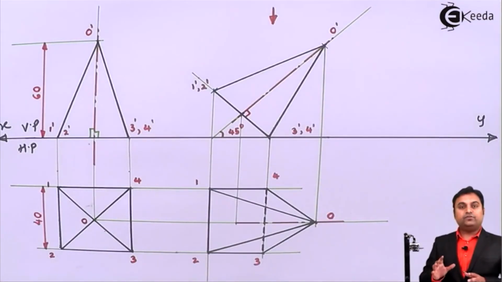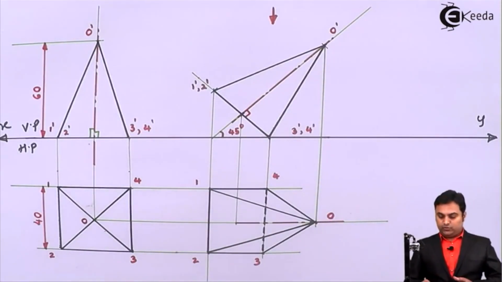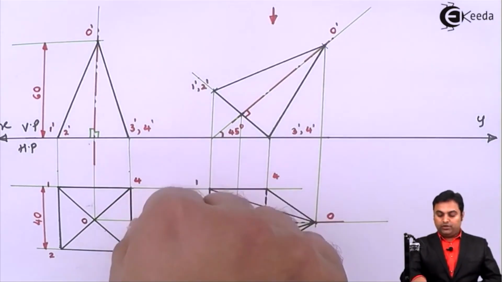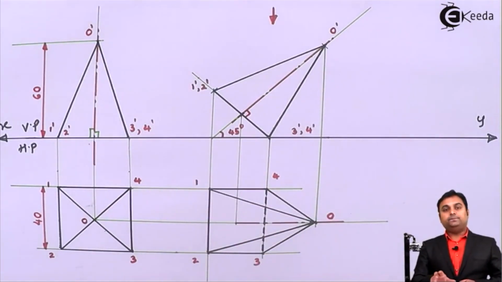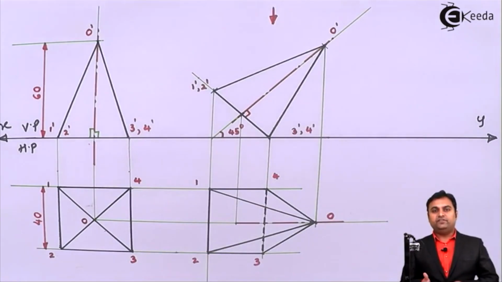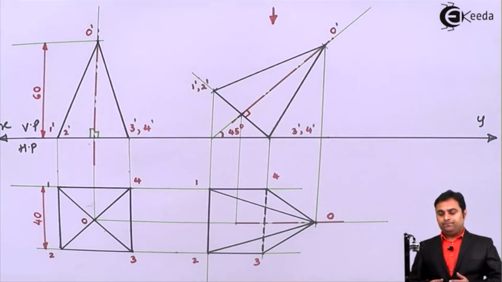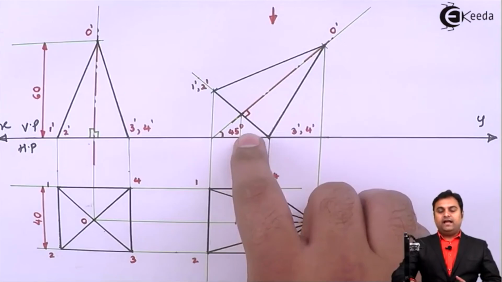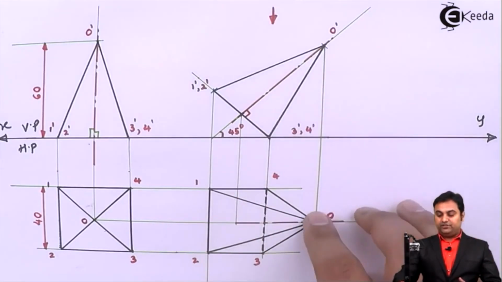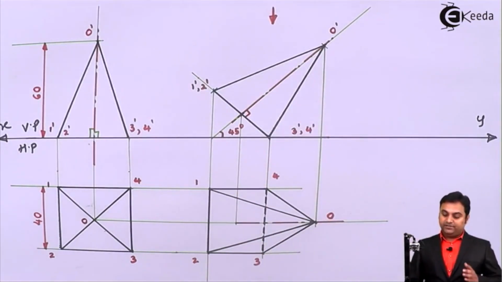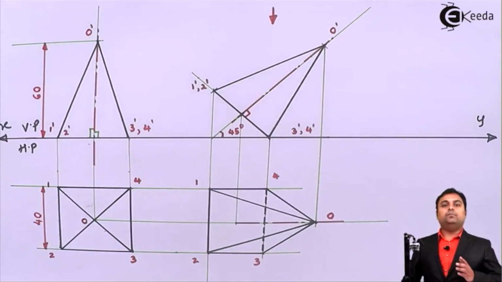So here, as it was given in the question, there is a square pyramid resting on one of its base edges. Then that pyramid was tilted at 45 degree to HP, which is seen in VP. And for that, we have to draw the projections of front view and top view. We have completed this and with this, we complete the problem.